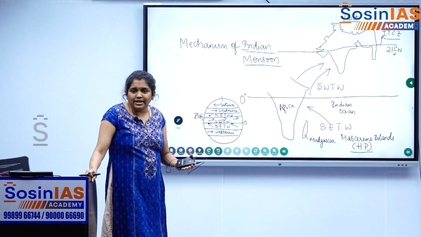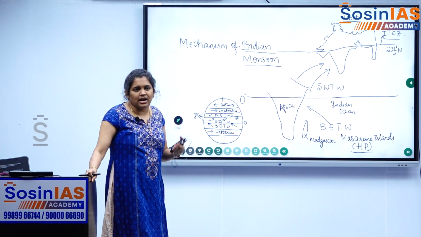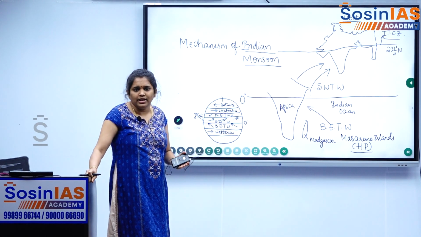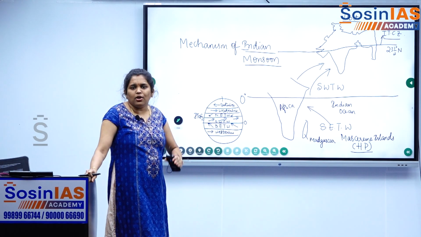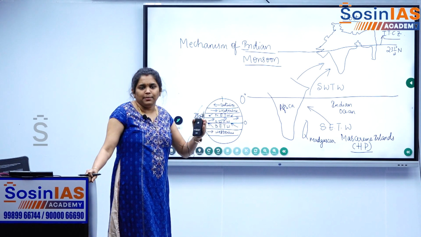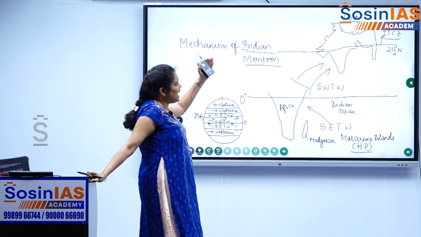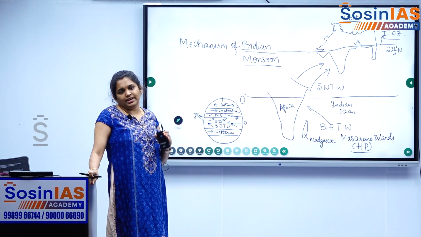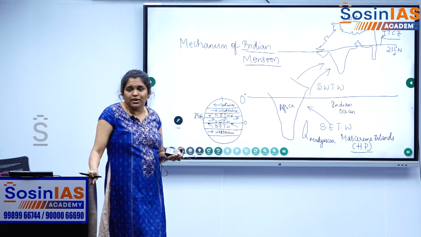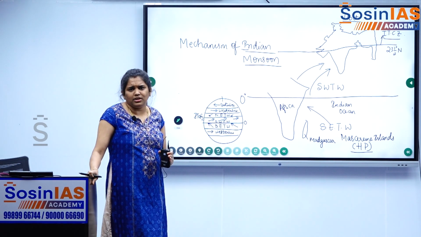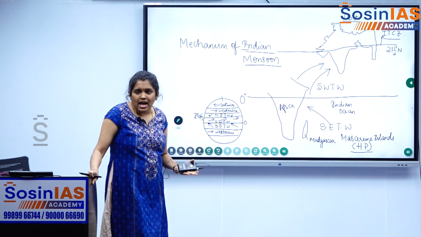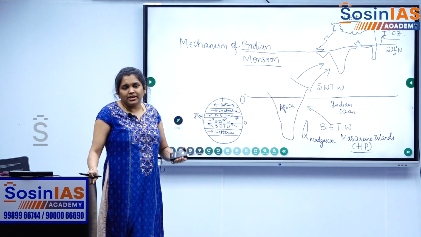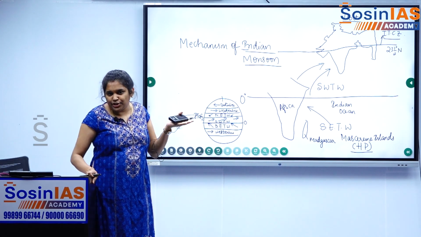Okay. But later, when they did analysis regarding certain planetary wind systems and their changes, they found that because of the pressure gradient between Mascarene Islands and the Tibetan Plateau, the winds were drifting towards India. Why Tibetan Plateau? What is the definition of a plateau? An elevated flat surface. So Tibetan Plateau is at a higher elevation.